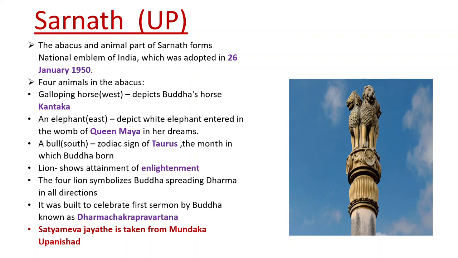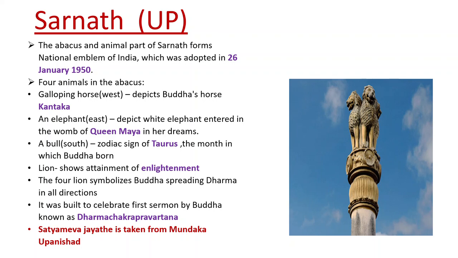Next is a bull facing towards the south. It indicates the zodiac sign of Taurus, the month in which Buddha was born. And finally the lion facing the north shows the enlightenment. All these animal figures indicate one or another important fact related to Buddhism.